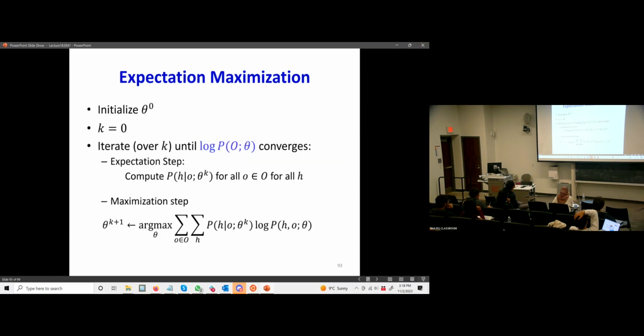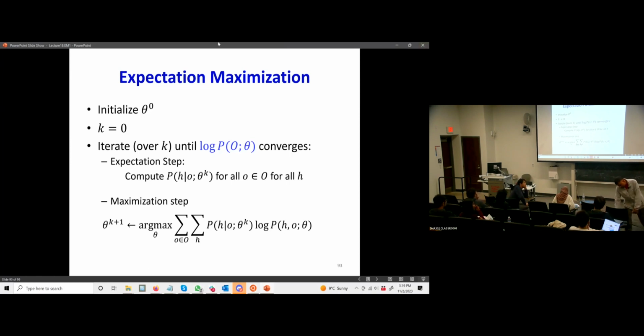I end up with the simple estimate where I compute the P of H given O with the current estimate of theta. And then I find the new estimate as the expectation of the log of the joint probability of H and O as a function of theta, using the conditional probability of H given O at the current estimate of theta.